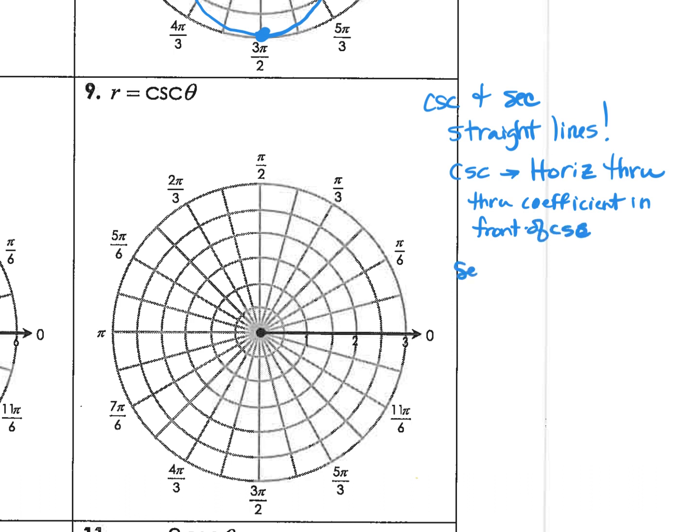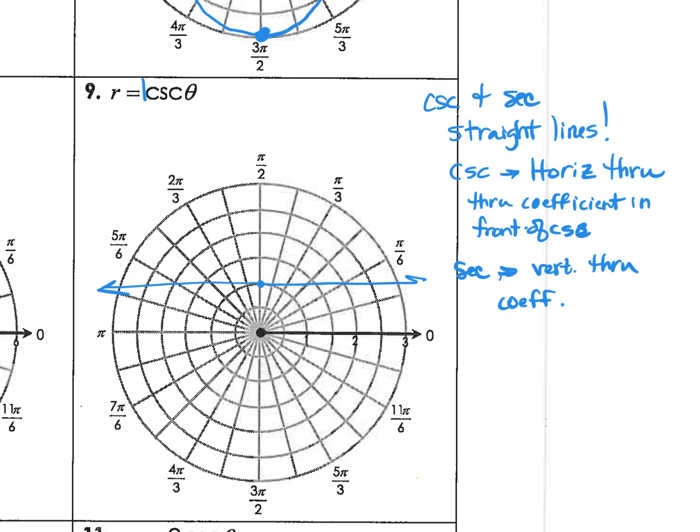And so secant, if cosecant is a horizontal straight line, then secant must be a vertical line through the coefficient. So there's an implied 1 here. So we're going to go from here to the 1 loop, which would be there, and it would go straight across.